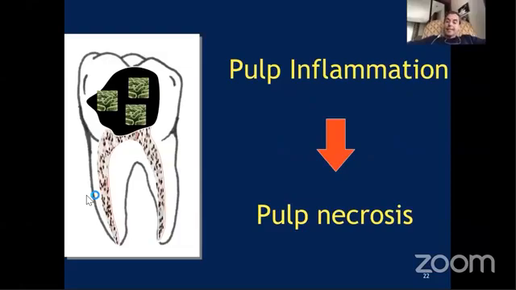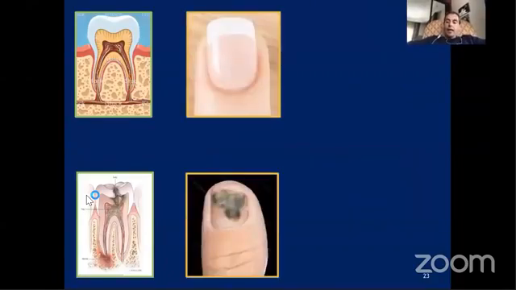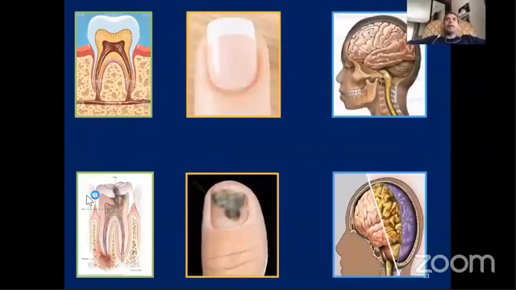And we can see this phenomenon, what I call a suicidal reaction, when we have inflammation in the pulp, in the nail, and in the brain.